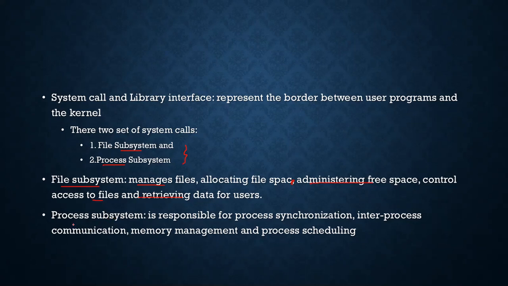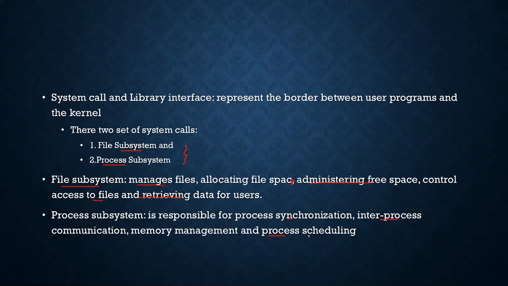In this architecture, the process subsystem is responsible for process synchronization, interprocess communication, memory management, and process scheduling. Interprocess communication means updating what is going on, and what time to update happens by synchronization. Process scheduling decides what time another process runs.